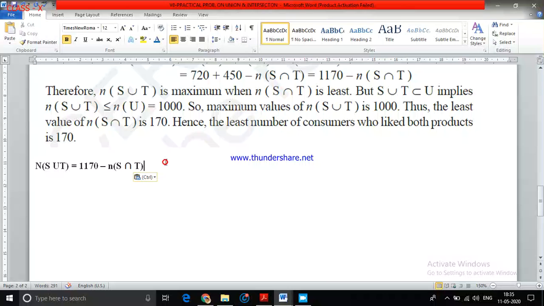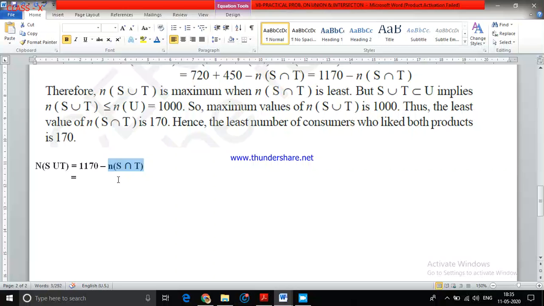So what does the statement mean? If I want n(S union T) to be the maximum value, then you have to subtract the least number from 1170.